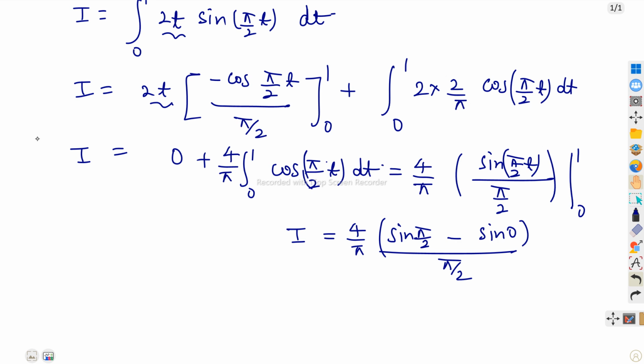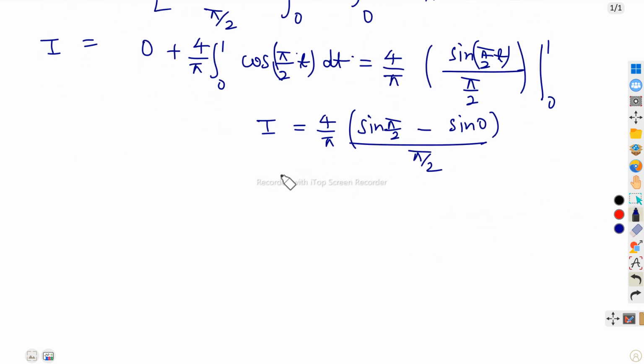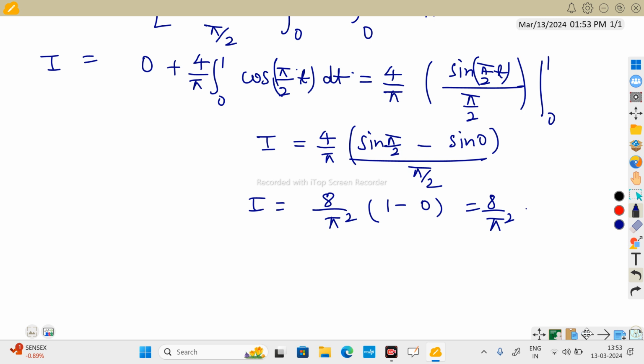So this integral I equals 8 upon pi square, since sine(pi by 2) is 1 and this is 0. So 8 upon pi square is the answer of the given problem. Thus we have solved the problem.